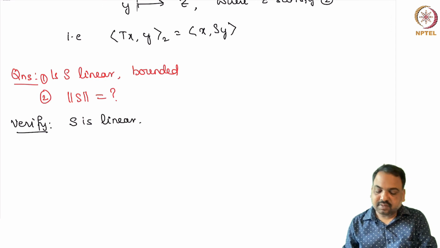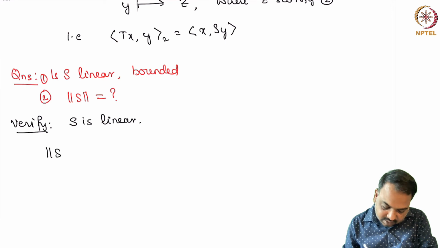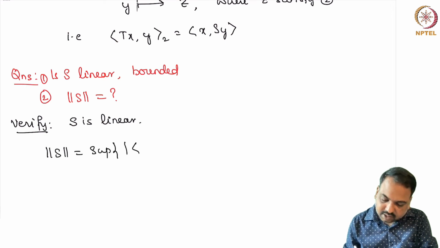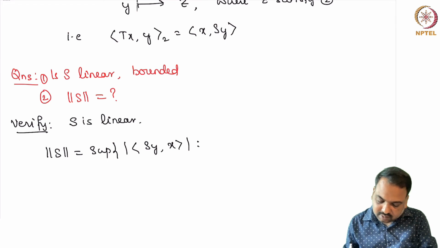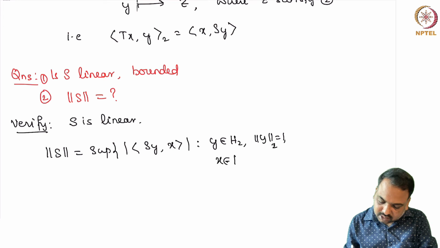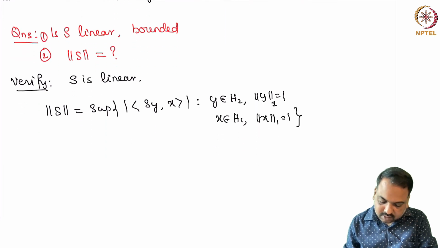It is enough to show that the norm of S is a finite quantity. By definition, as we have already proved earlier, this is the supremum of the modulus of the inner product of Sy with x, where y is in H2 with norm y equal to 1, and x is in H1 with norm x equal to 1.